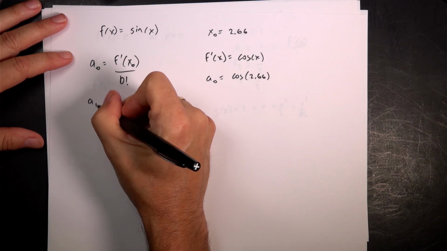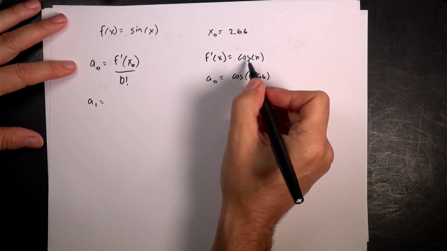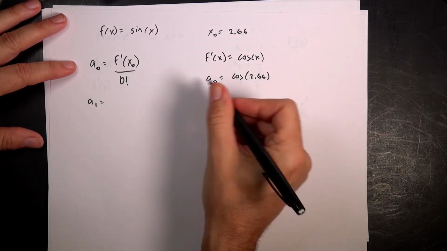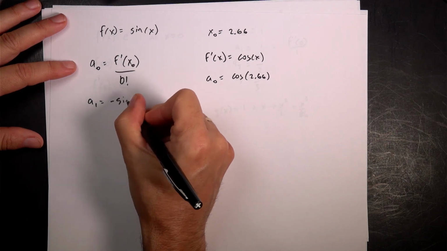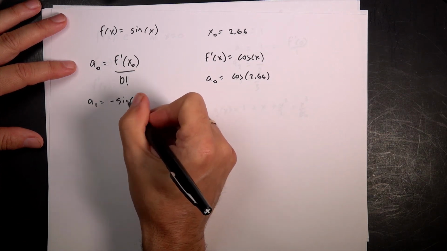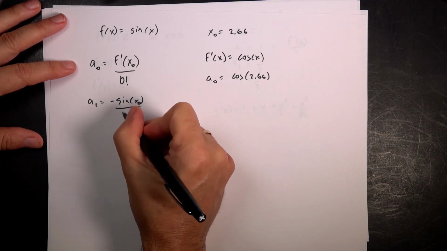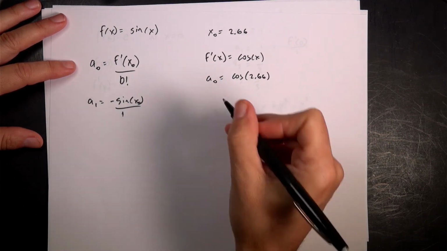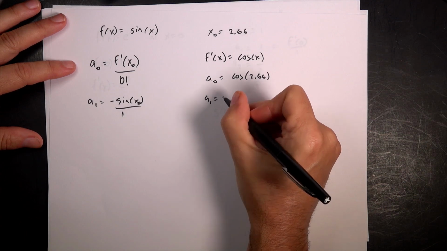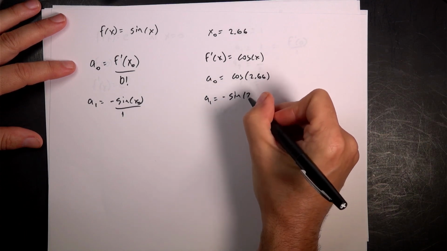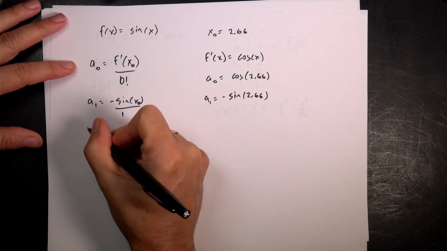Okay, a1 is going to be the derivative of this, which is negative sine x. That's actually x0 over 1 factorial, so just 1. So a1 is going to be negative sine 2.66.